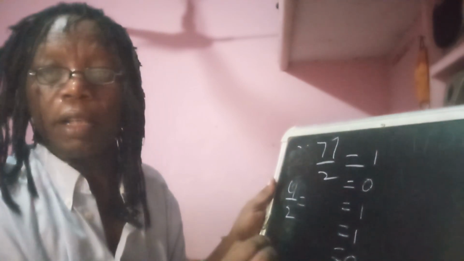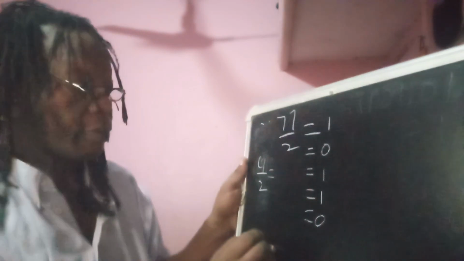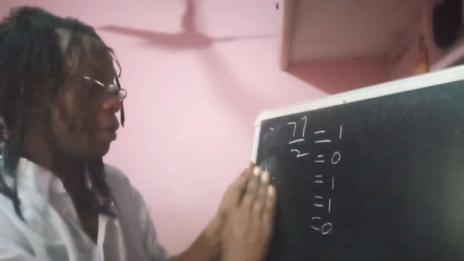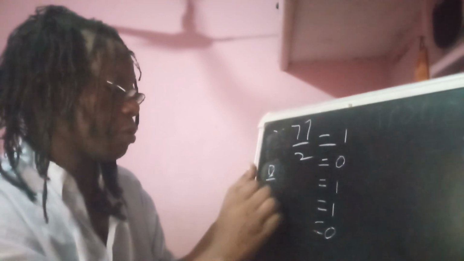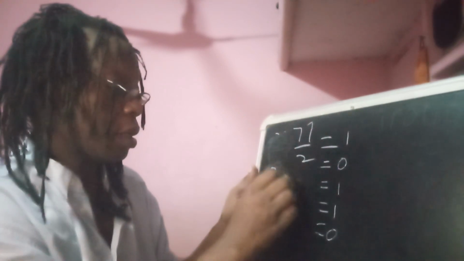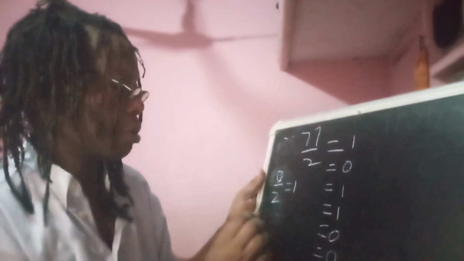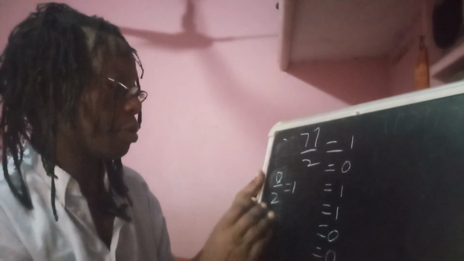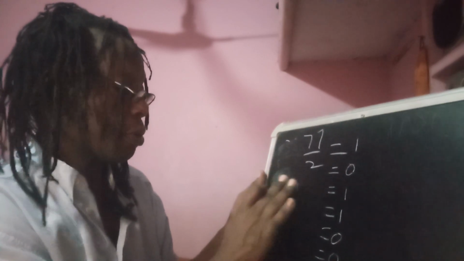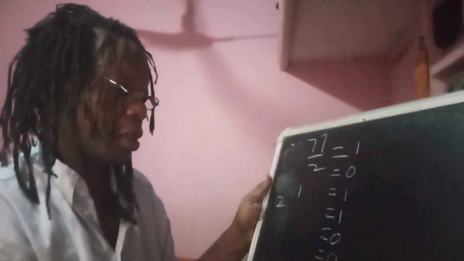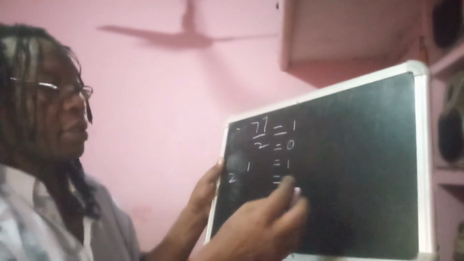I think you are seeing it now clearly. So now we have 2 divided by 2 is 1, and the remainder is 0. Yeah, this is why we went wrong. So now 1 you cannot divide by 2, so you write it here. So this value is not right.